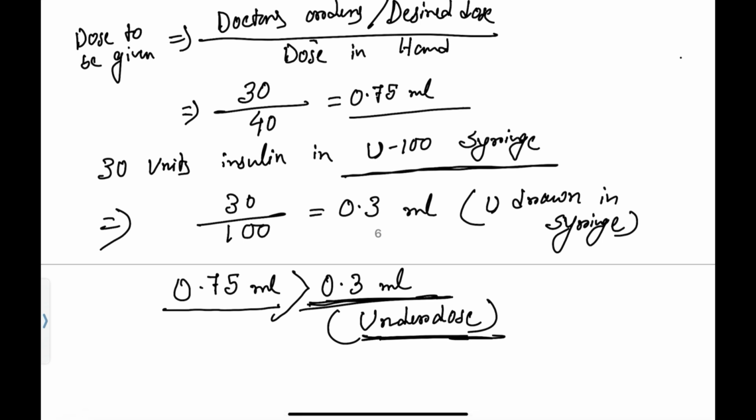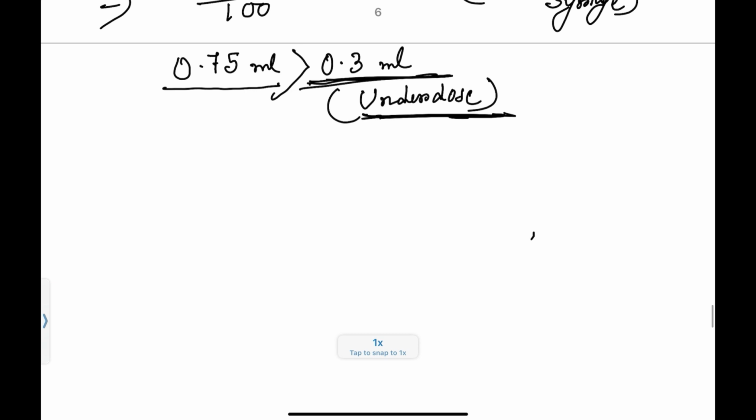So that's why, before giving medications, you should check which kind of syringe the doctor advised you to take and which kind of syringe you are taking. Before giving any insulin dose you need to check the medication dose as well as the syringe you are using. So that's all about today's session.